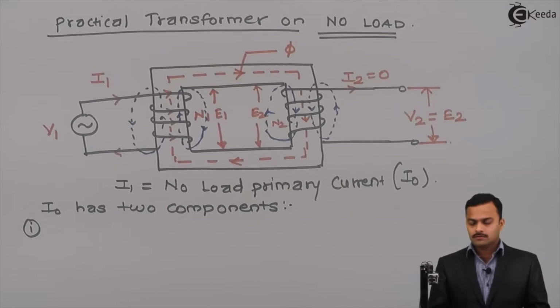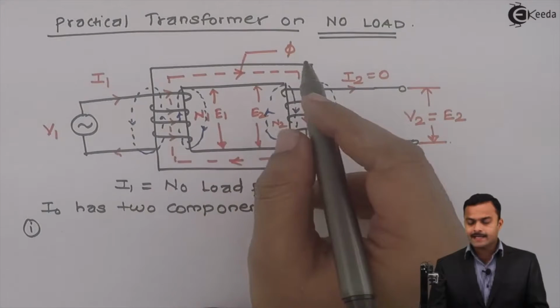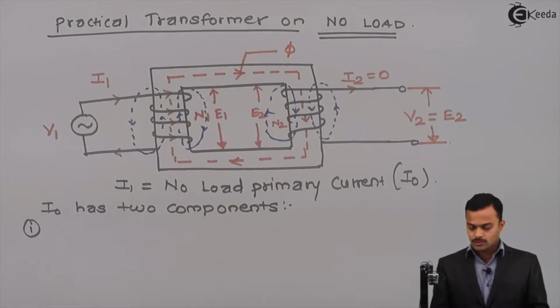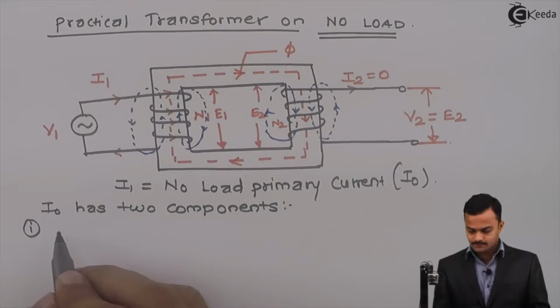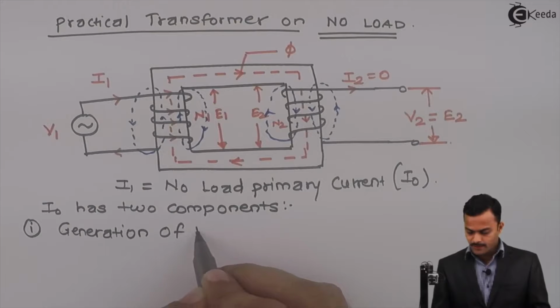So current I0 has to serve these core losses, or you can say iron losses. And secondly, flux phi needs to be created. So the job of I0 is generation of magnetic flux.